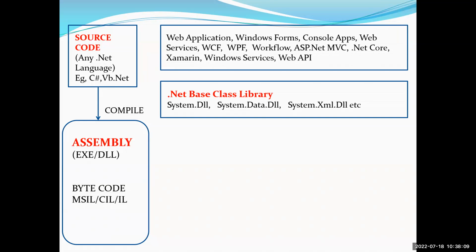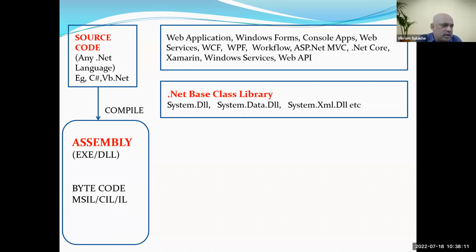Now coming back to the IL. When you compile your code, you're getting IL. IL is like bytecode in Java. Now this IL cannot be run directly. See, when you wrote code in C++ and compiled that code, you got code that can run directly.